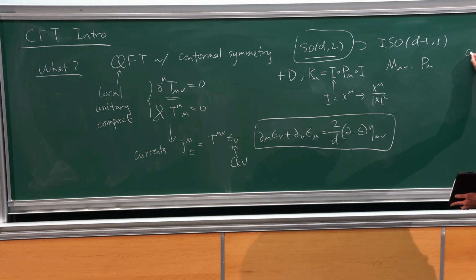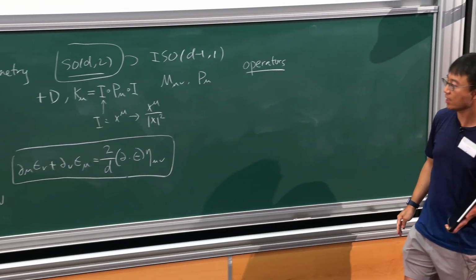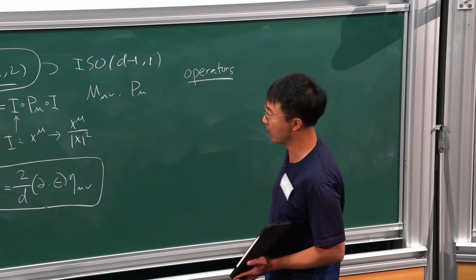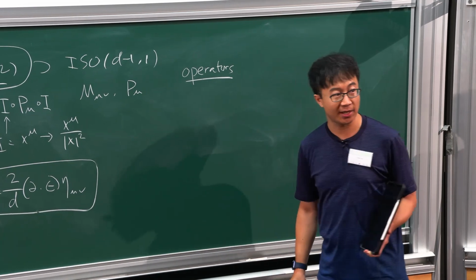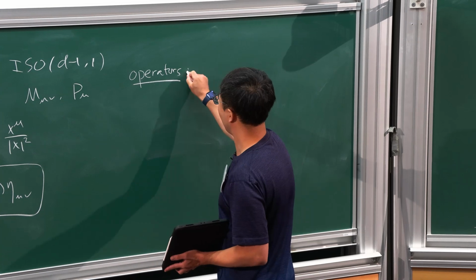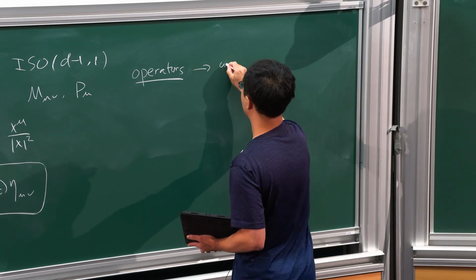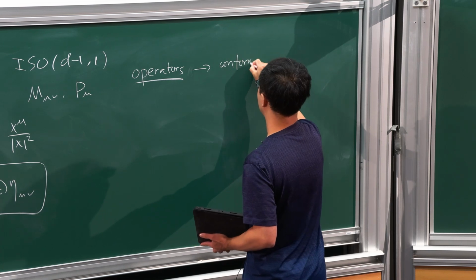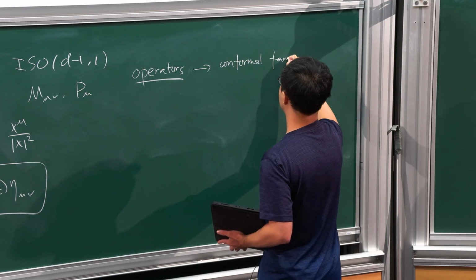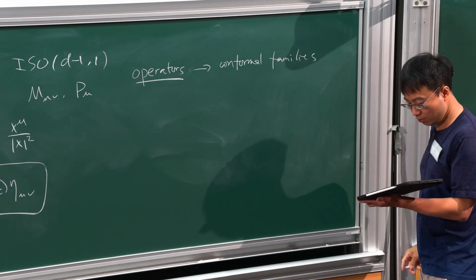So in this particular context, the local operators in the theory, which you can imagine in the case of a lattice model built out of your lattice degrees of freedom, and in the case of a Lagrangian quantum field theory built out of your elementary fields, need to form conformal families, which is another way to say that they furnish representations of this conformal group SO(d,2).